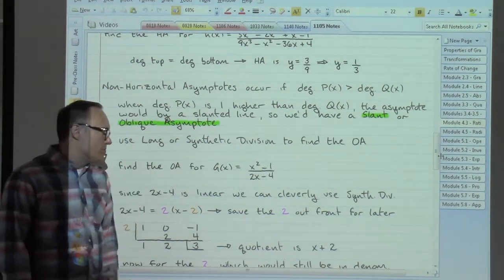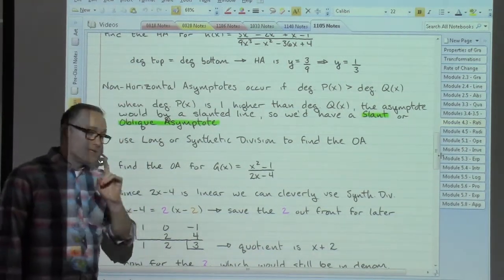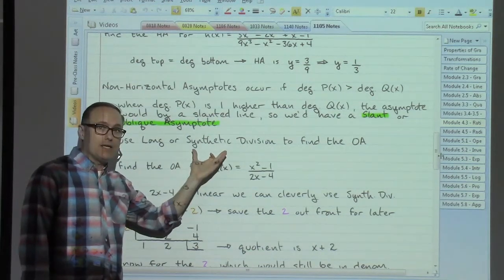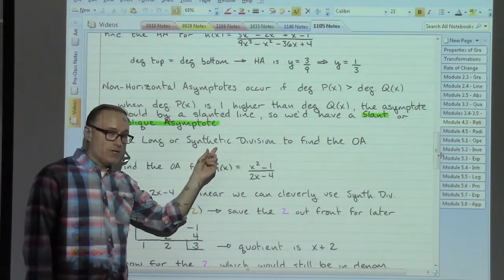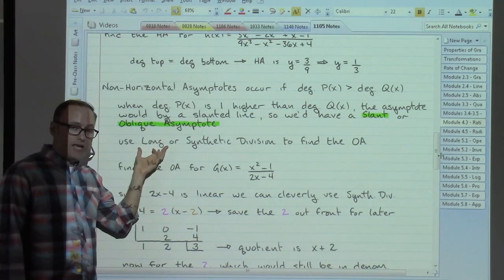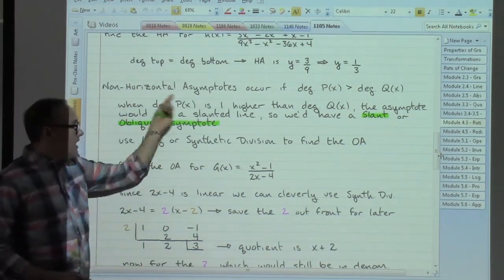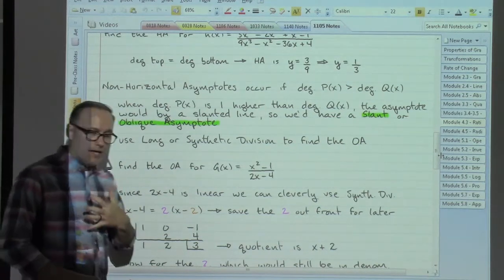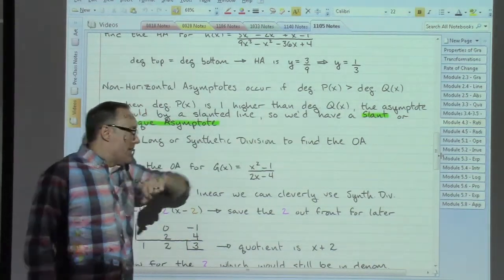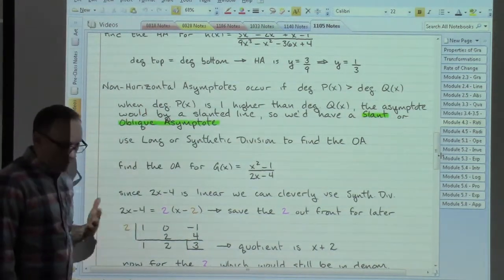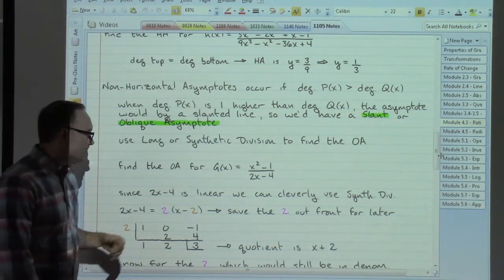We would need to use either long division or synthetic division. Synthetic division is a sometimes thing. So this doesn't always work. We may occasionally have to resort to long division to work out a non-horizontal asymptote. And again, we are just going to now worry about the slant or oblique asymptote.